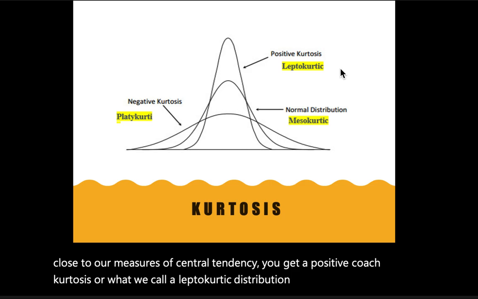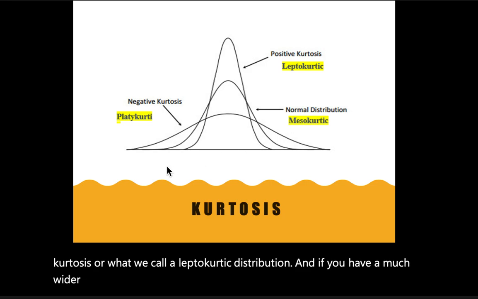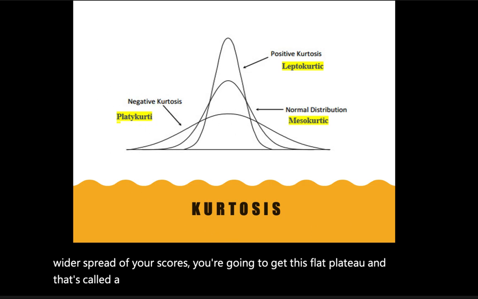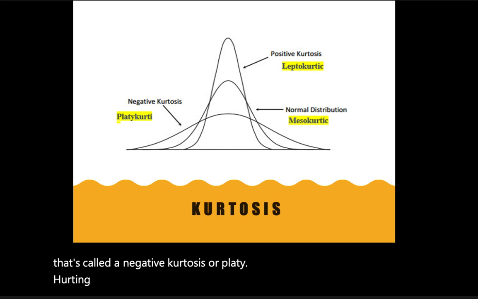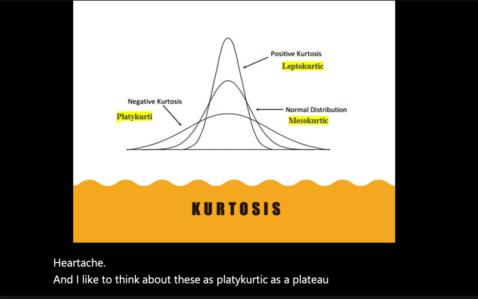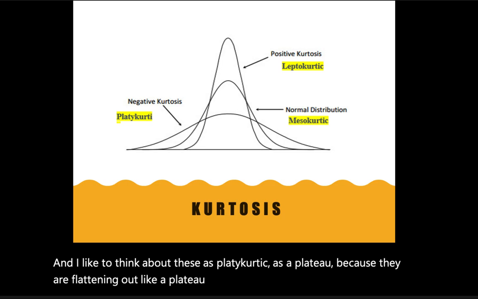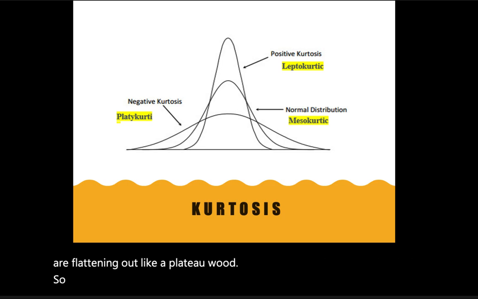And if you have a much wider spread of your scores, you're going to get this flat plateau. And that's called a negative kurtosis or platykurtic. And I like to think about these as platykurtic as a plateau because they are flattening out like a plateau would. So this is kurtosis, and it has to do with the way that our distribution or our data is displayed.